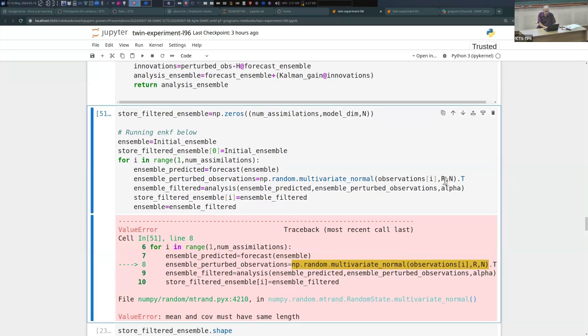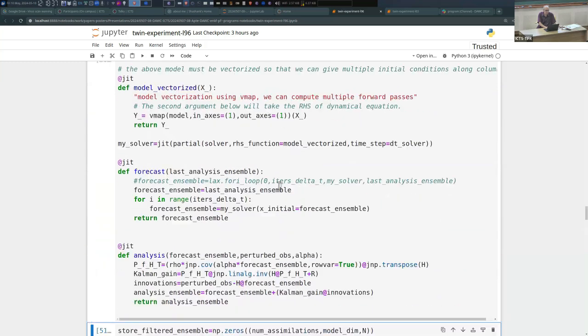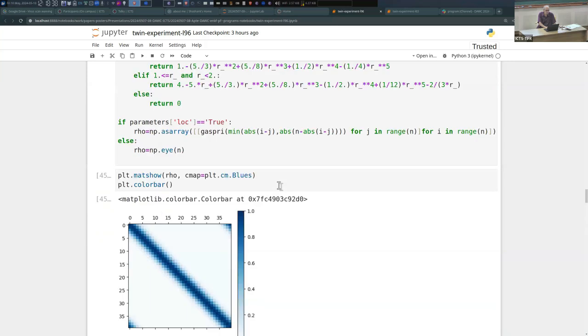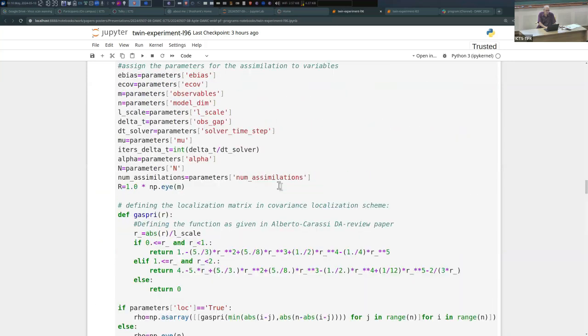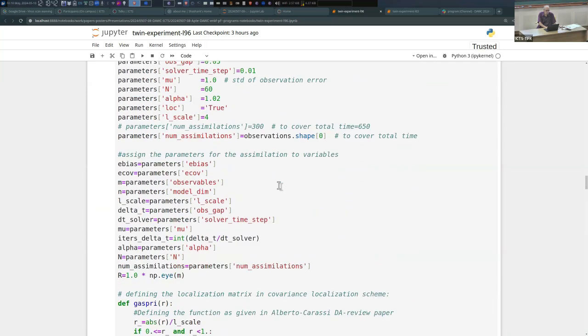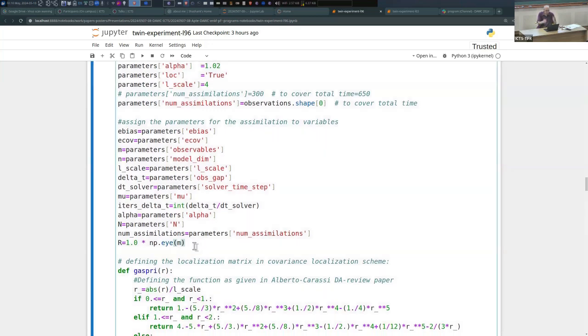R is wrong dimensions. Why is R wrong dimensional? Where did R go? Oh, little m was a variable that was used earlier and now it is not. This should be obs.